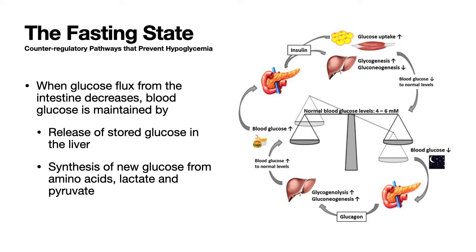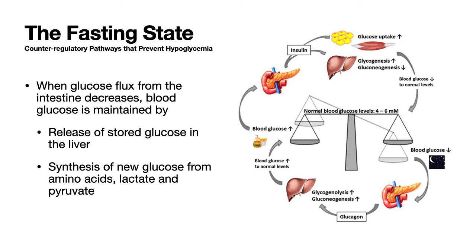And that insulin will cause an increase in glucose uptake by the fat cell and the muscle cell. And that insulin stimulates again the liver through glycogenesis or the formation of glycogen, which in effect captures the glucose. And through the liver, the insulin will also decrease the amount of gluconeogenesis or the formation of glucose.